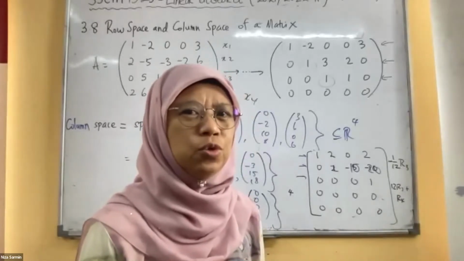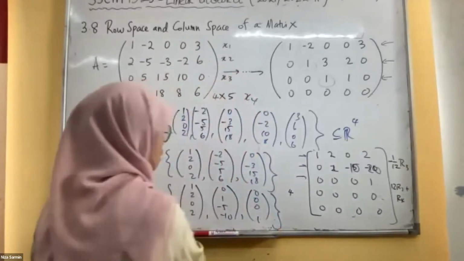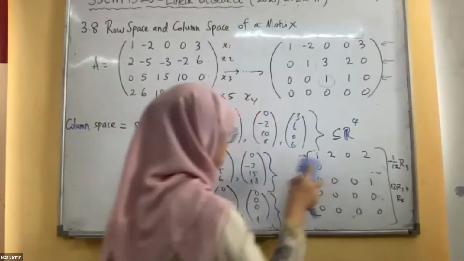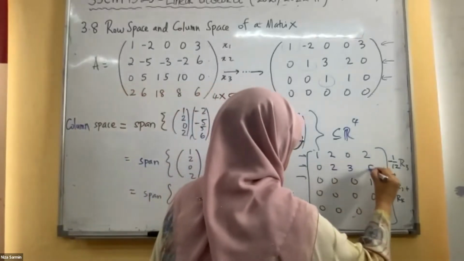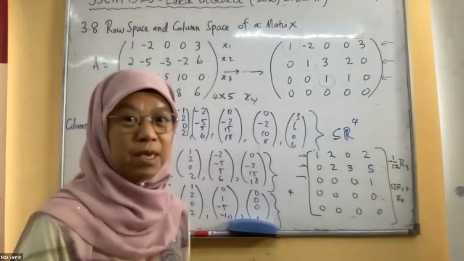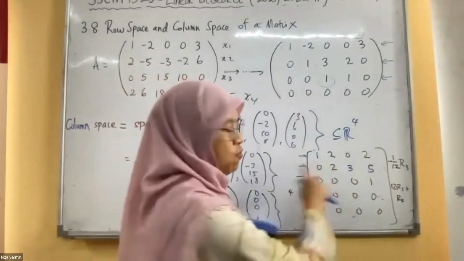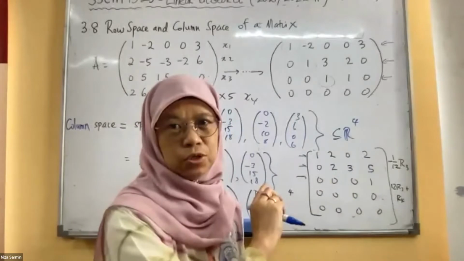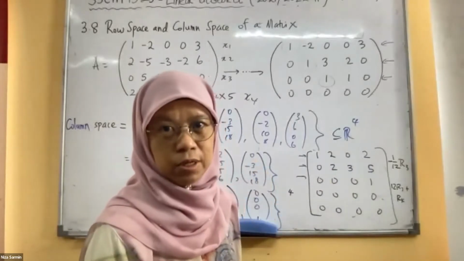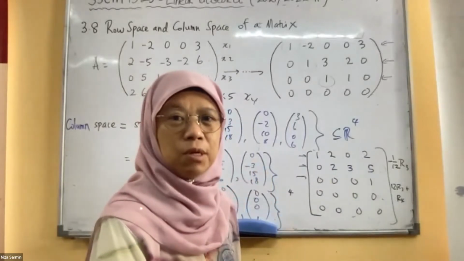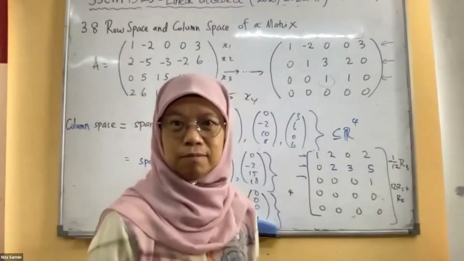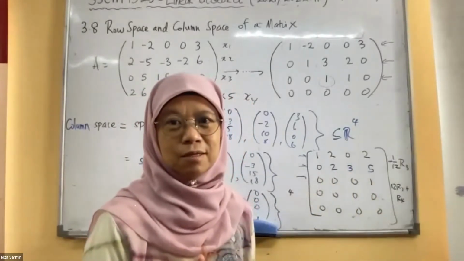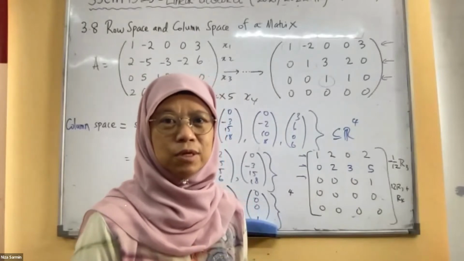So you don't reduce until you leave it like probably something like this. Maybe, right? You don't want to divide by 2 because you don't want 3/2, for example. But it's a multiple of your basis, so you can just write this as your answer. Do you understand what I'm trying to explain?